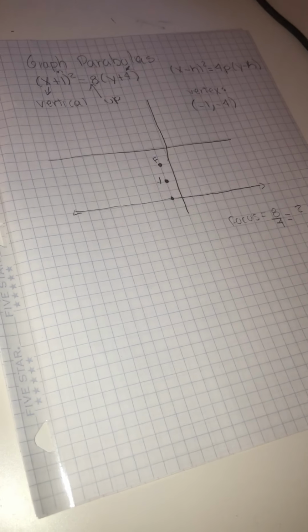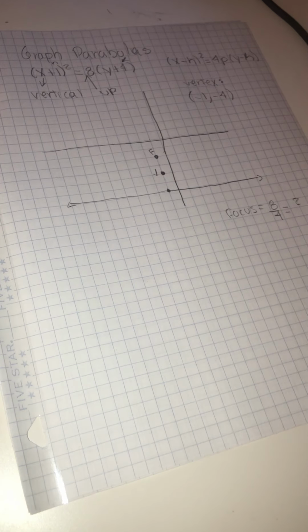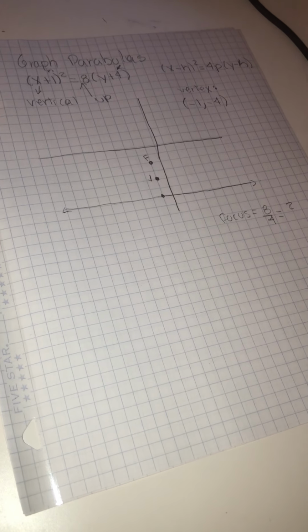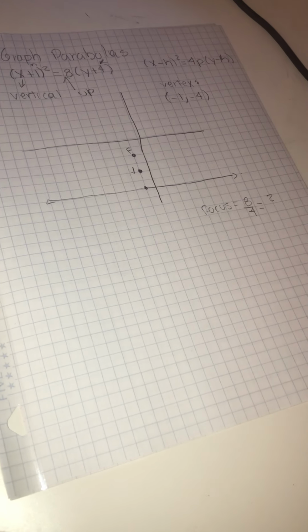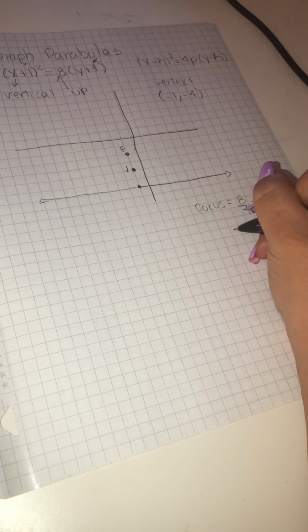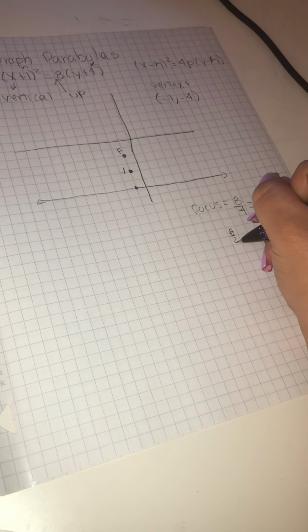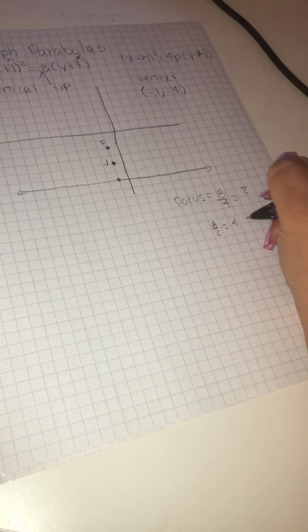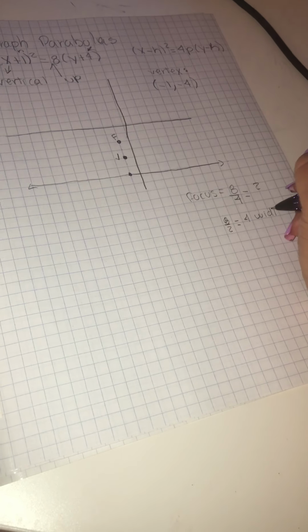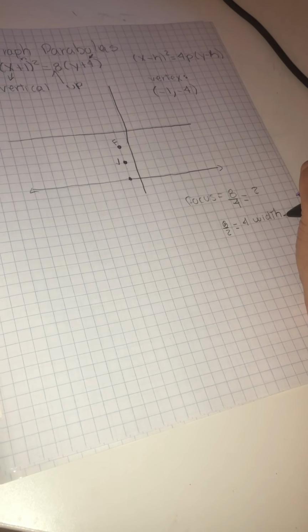Now, how do we plug in the other 2 points? That's super easy. You have to divide this number again, but now by 2. So you divide 8 by 2, and it's gonna be 4. And that will be the width of the parabola.